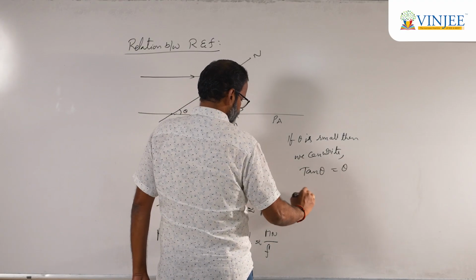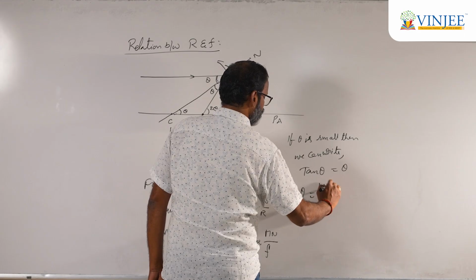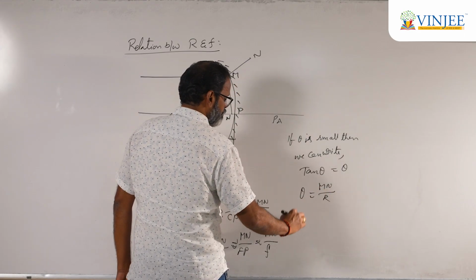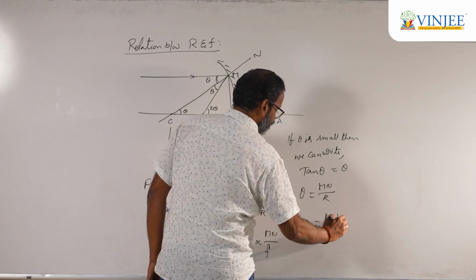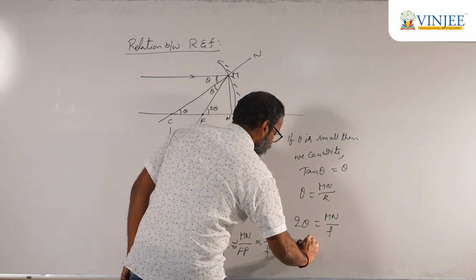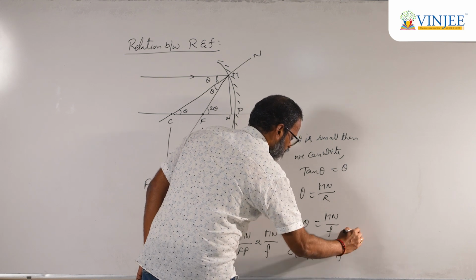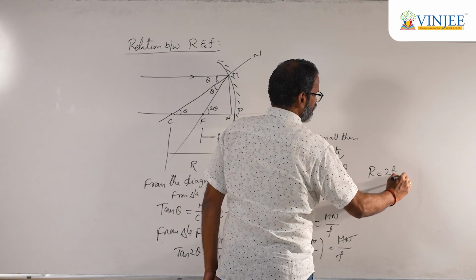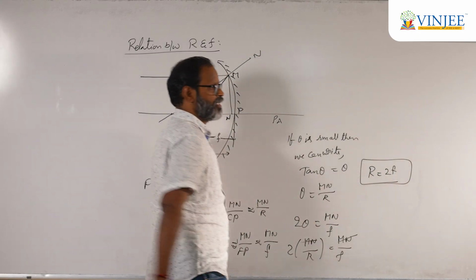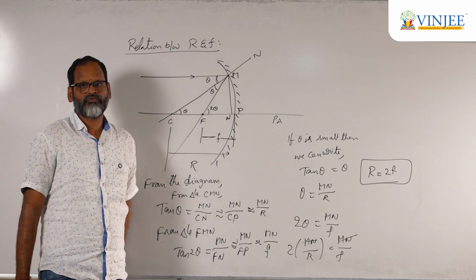So from the diagram, theta is equal to MN by R, and 2 theta is equal to MN by f. So 2 into MN by R is equal to MN by f. MN gets cancelled, therefore R is equal to 2f. This is the relation between radius of curvature and focal length.